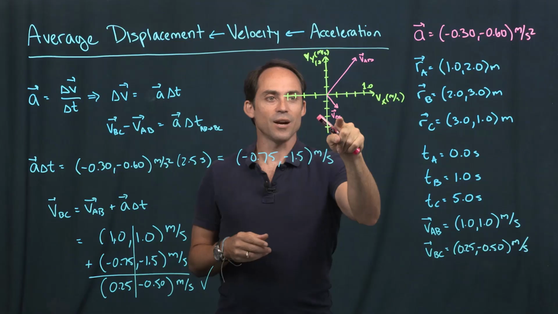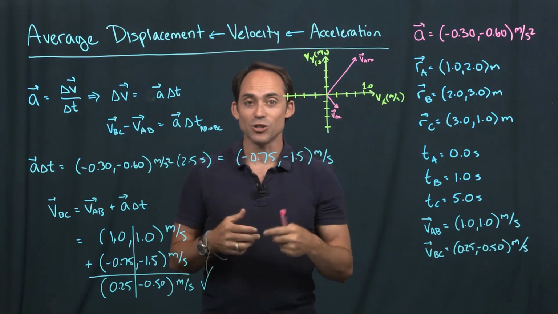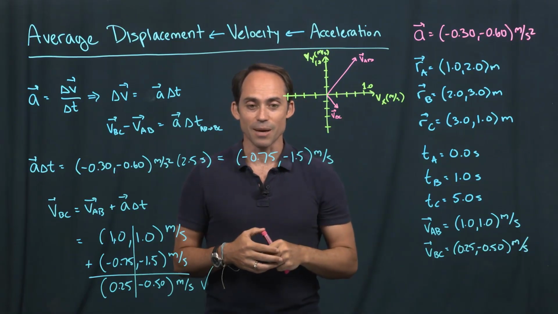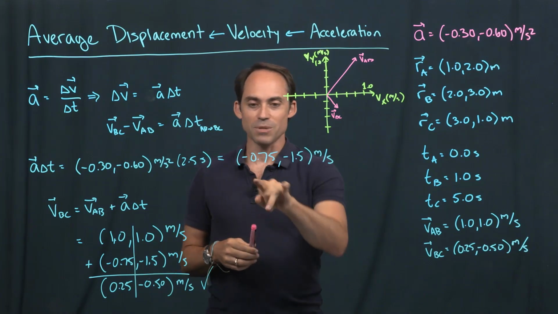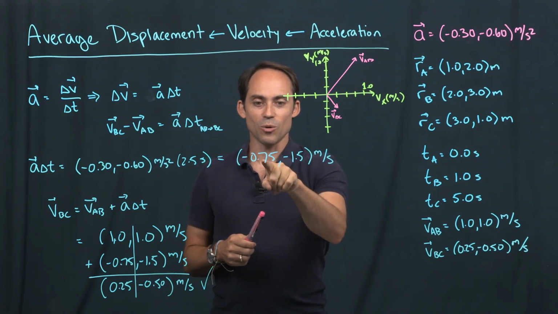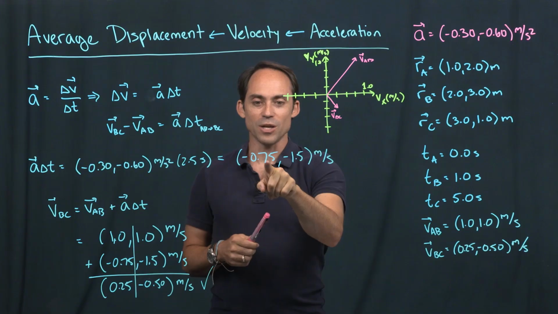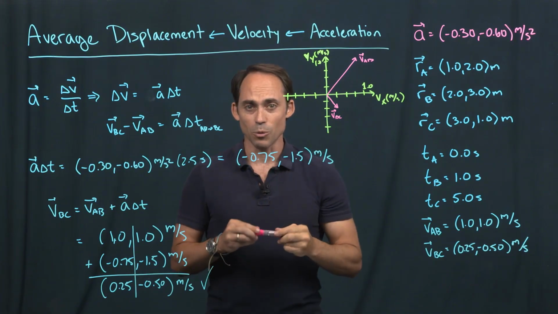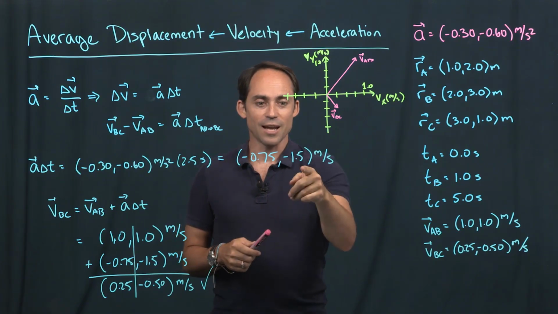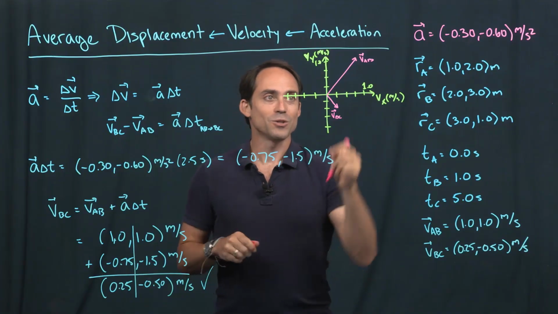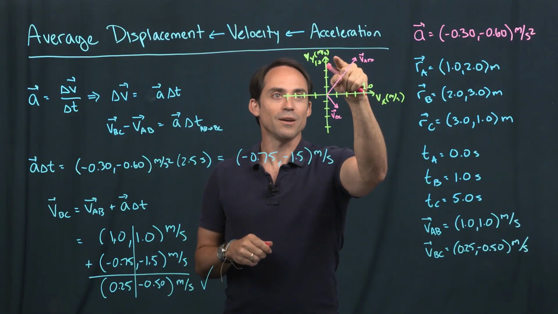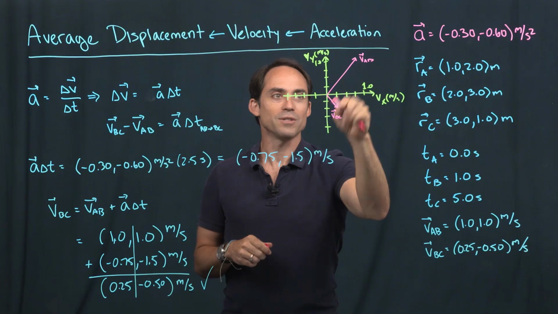And in order to get to there, we had to add in this additional acceleration times time step. Well, that acceleration times time step is right here. That is going, on our scale, 3 units to the left, because these units are in 0.25 meters per second, and 6 units down. So 1, 2, 3, 1, 2, 3, 4, 5, 6.